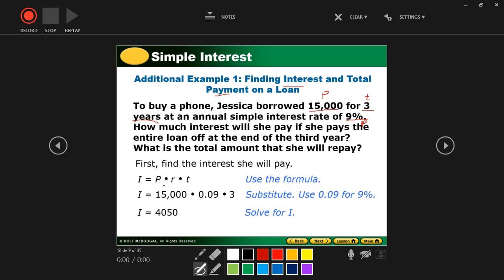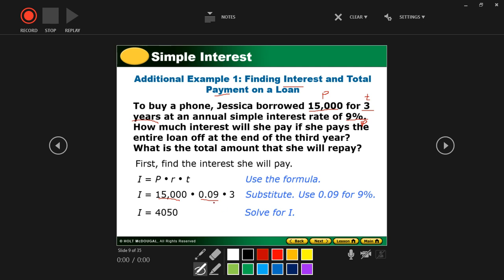I equals P times R times T. Okay? So, I, that is unknown, kopyaha lang. Si P nato, that is given, no? 15,000. So, substitute lang nato. Times, si R nato, that is 9%. So, ang 9%, atong i-convert into decimals, that is 0.09. So, i-divide lang nato si 9 by 100, no?